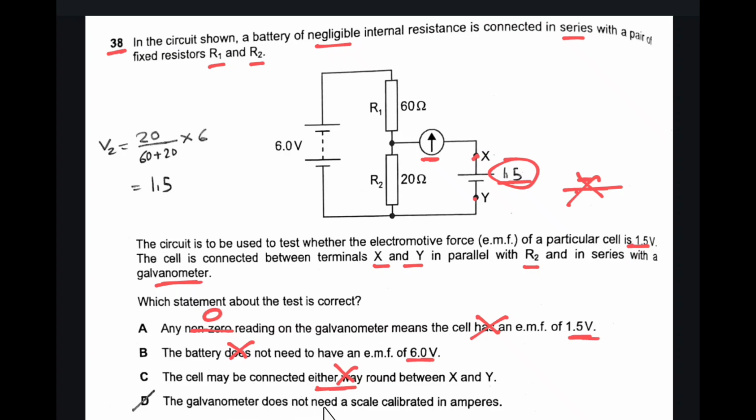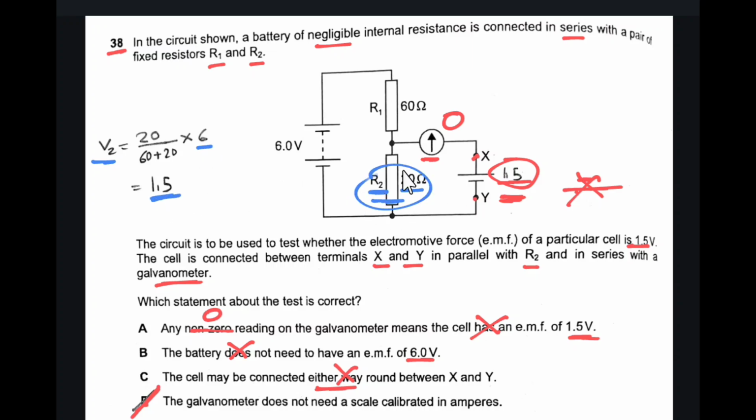The galvanometer does not need a scale calibrated in amperes. This statement is correct, because whether the scale is calibrated in amperes or whatever it is, the reading is always 0 if the EMF is 1.5 volt. So option D is correct, because for resistor R2 the voltage across R2 comes to be its resistance over the total resistance times V total, so we get the voltage across R2 as 1.5 volt.